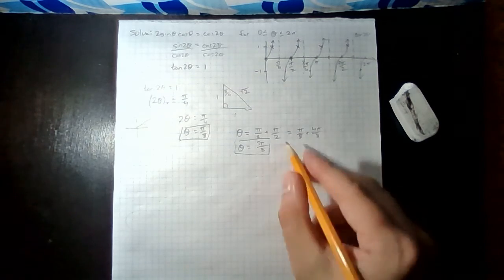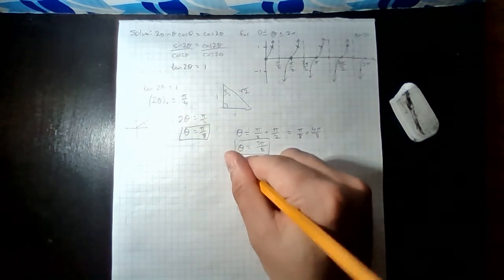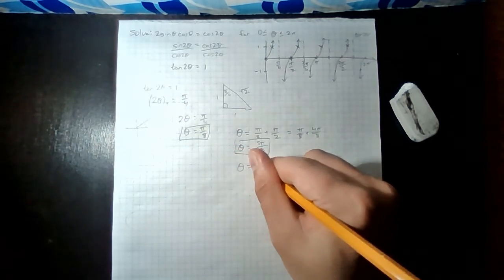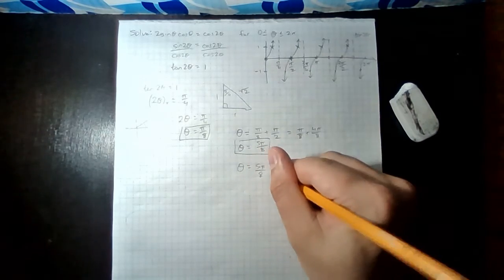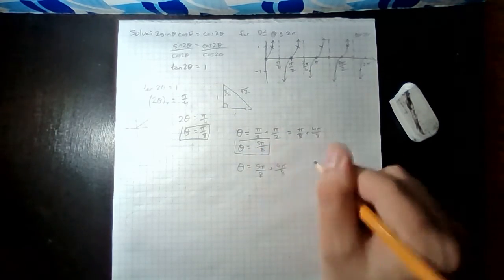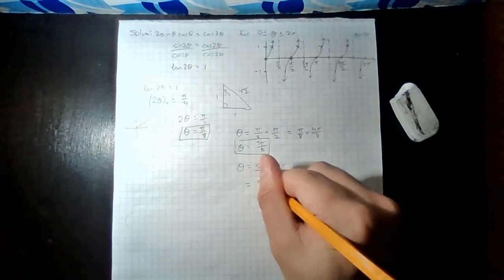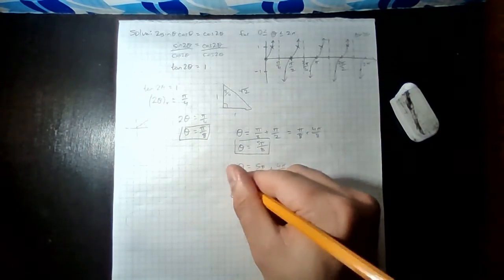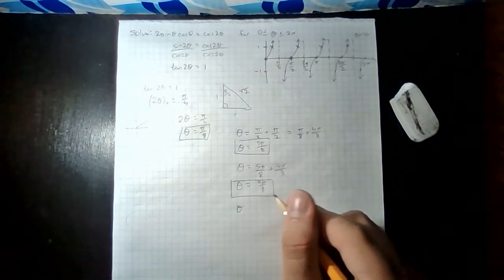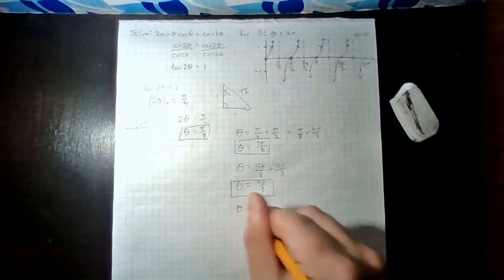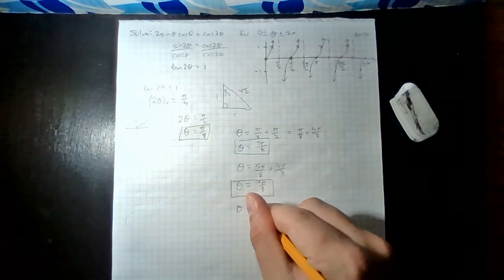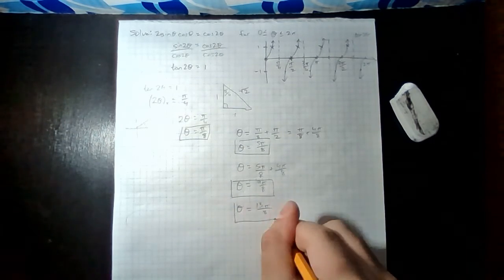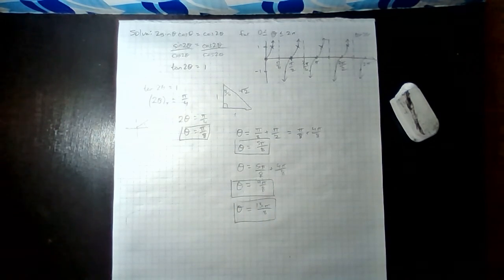Our next one, we're adding that period again. 5 pi over 8 plus 4 pi over 8, and we get 9 pi over 8. And our last one, we're going to add another 4 pi over 8, and we get 13 pi over 8. There we get our 4 different answers.